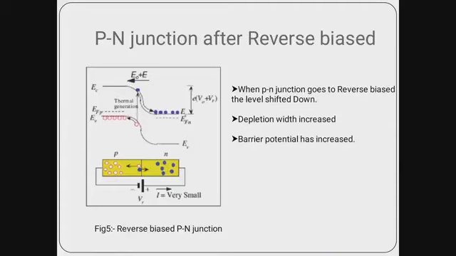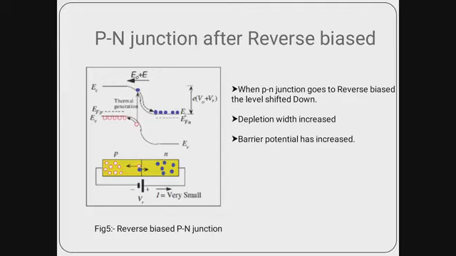Now, in case of reverse biased p-n junction diode, what will happen? Reverse bias means p-type material is connected to the negative polarity of the battery and n-type material is connected to the positive polarity of the battery. So now what will happen when the p-n junction goes to reverse biased?